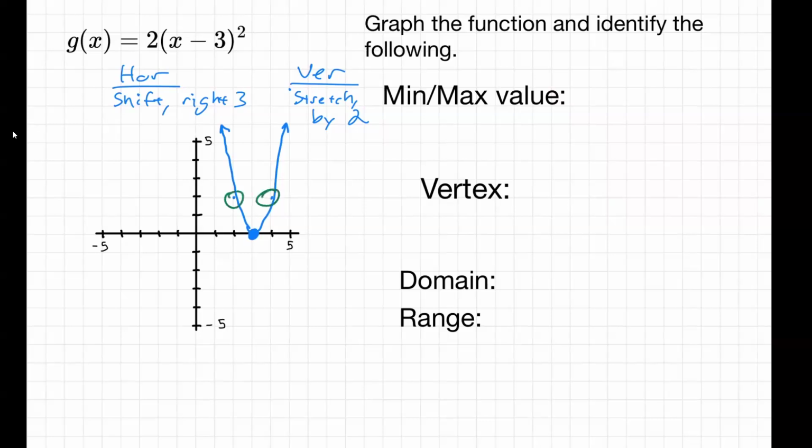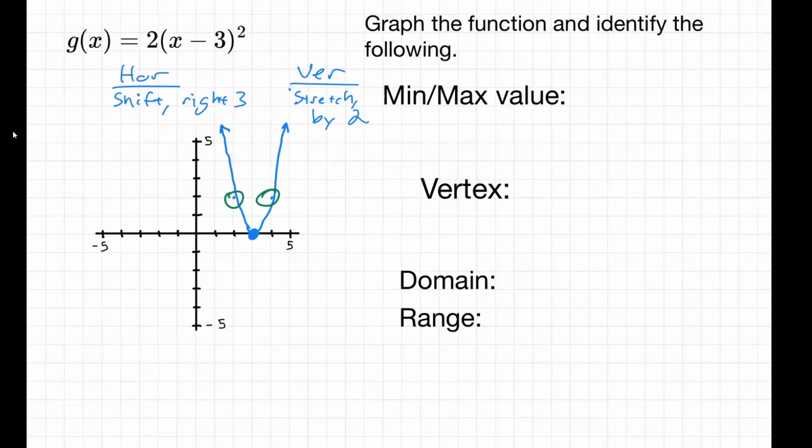I went up 2 rather than up 1. Now, the table, though, is helpful. If you get stuck, build a table. That was one of the things that we talked about with transformations. Start with that 3, 0, and then use points around that. That will get you what you need. It just takes more time when you use a table rather than get comfortable with, hey, what does this do to each individual point? Okay.